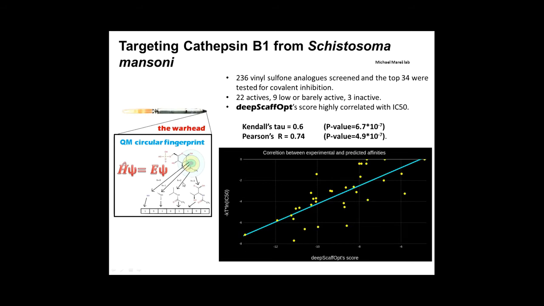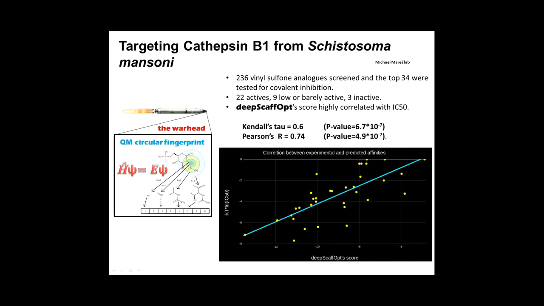So what I did here was to take an old publication from 2011, use only 16 vinyl sulfone covalent inhibitors, and with this handful of molecules, I trained DeepScaffold using a special warhead. I call this warhead the QM circular fingerprint because it's the conventional circular fingerprint enhanced with electronic properties of the molecules.